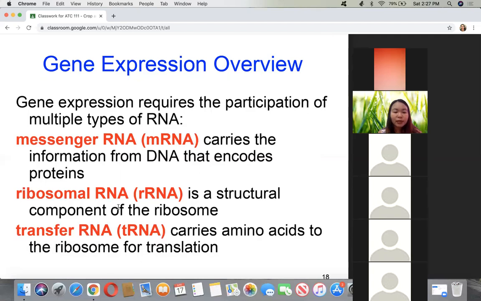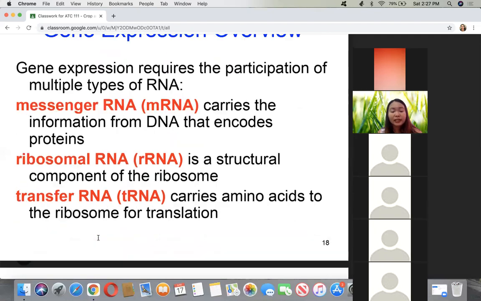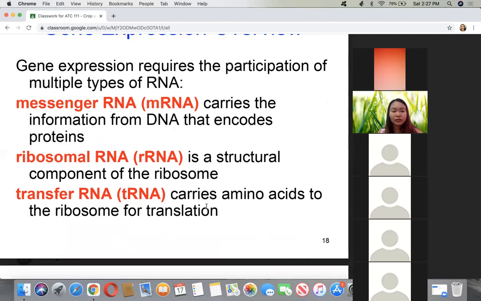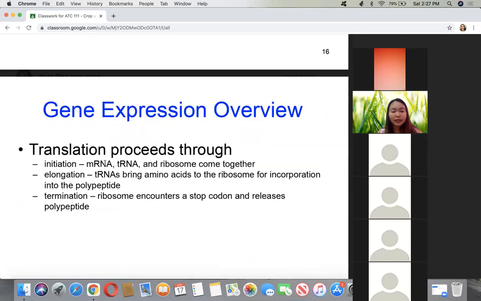And the ribosomal RNA or rRNA is a structural component of the ribosome. So once na mag-enter na siya sa ribosome, meron na siyang it's for the making of proteins. No? And lastly, the transfer RNA is called the tRNA, carries the amino acids na to the ribosome for translation. So, ito yung nabanggit na kanina here.